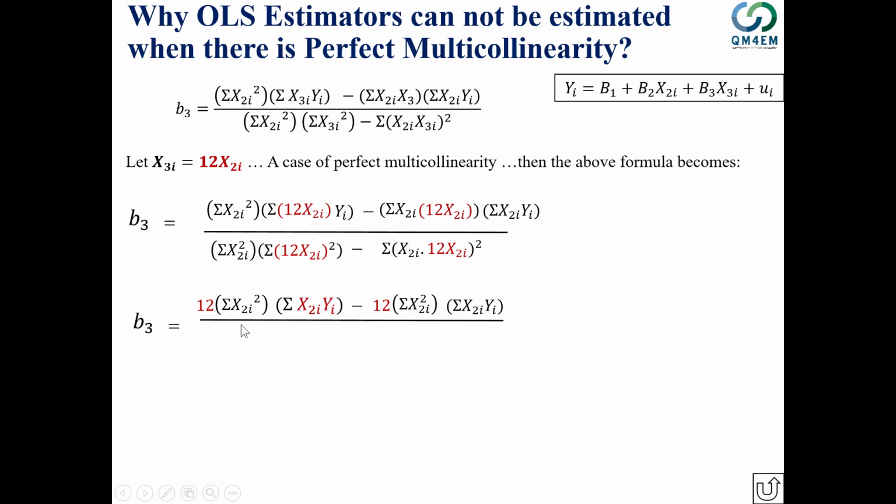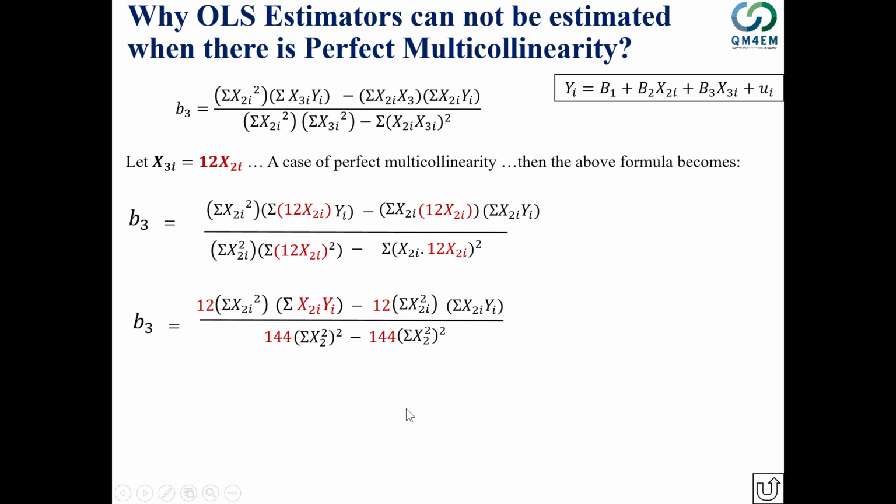When I take the 12 out, it becomes 144, 12 into 12 makes 144, so I will bring it to the start, summation x2i square multiplied with the summation x2i whole square. This x2i square and x2i square multiply and become x2i square whole square, minus 144, again the 12 becomes 144, and then summation x2 square whole square. So that's what is written.